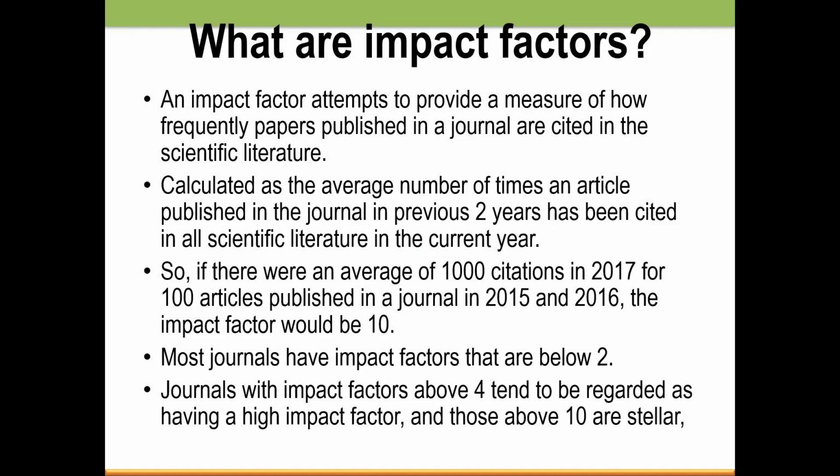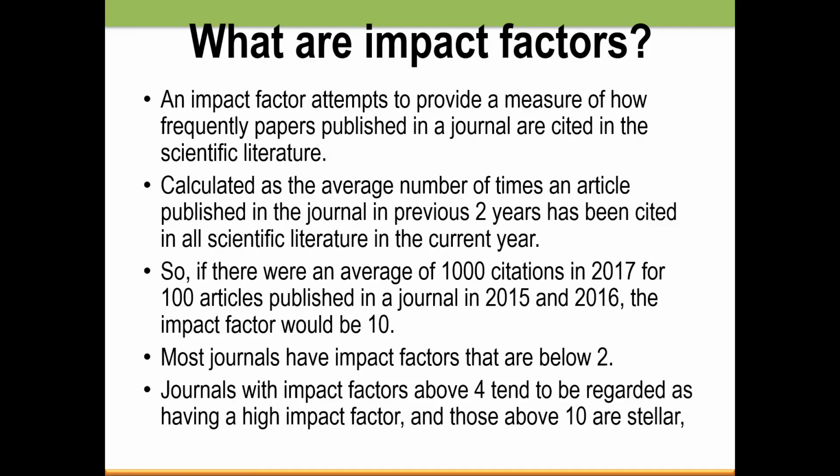When we get the average, that's when we get the impact factor. Most journals have impact factors that are below 2, but that's not bad. Don't say that. No, the higher the impact, the better.